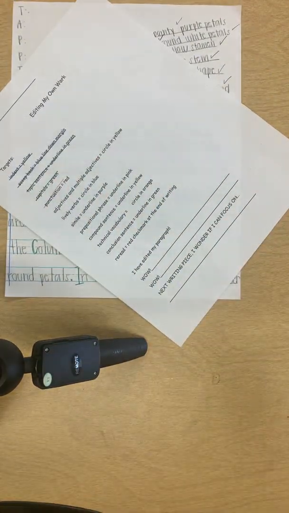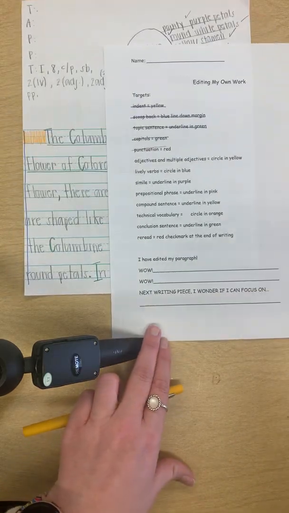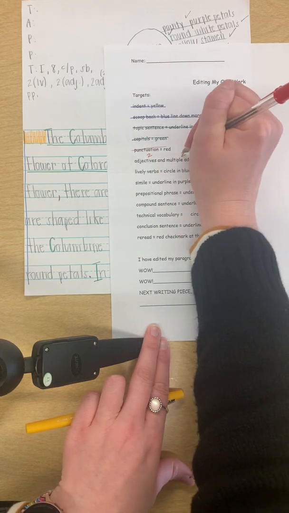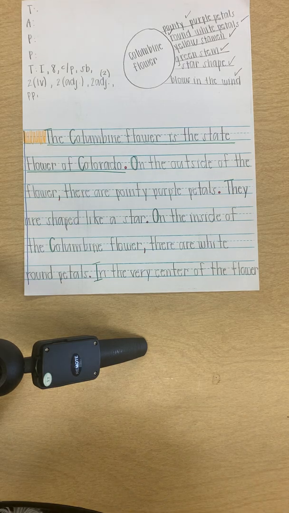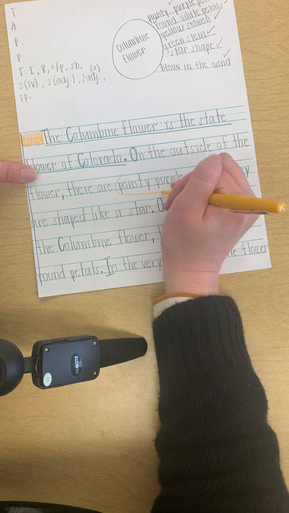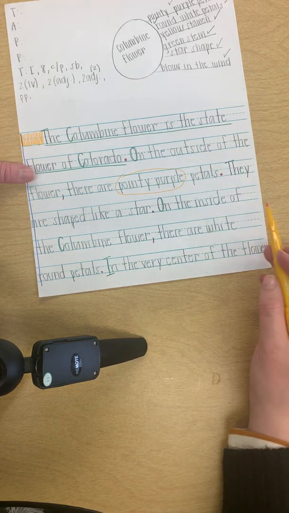So the next thing I'm looking for are my adjectives and my multiple adjectives. So you need to make sure that you have 2 adjectives and 2 multiple adjectives in your writing. So I have a pointy purple. That's my first multiple adjective.